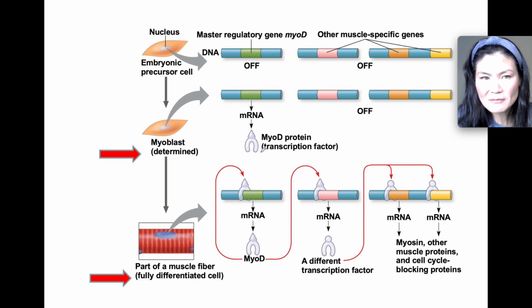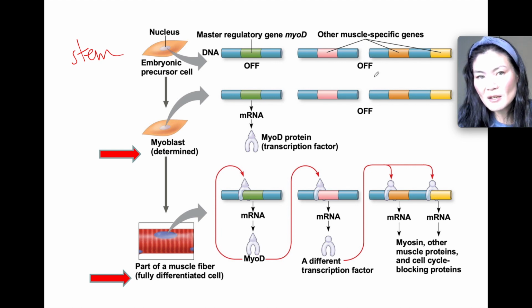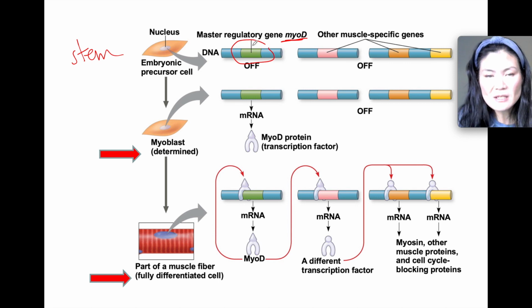Okay? A good example of this would be muscle cells. I kind of talked about it on the previous slide, but how does it happen? Here we have a stem cell, and every cell has these genes, because in all of our cells we have muscle-specific genes, but the only cells in our body that have these genes turned on would be muscle cells, right? There is a regulatory gene called MyoD. It's called the master regulator, because once it's turned on, it's going to cause the cell to become a muscle cell.